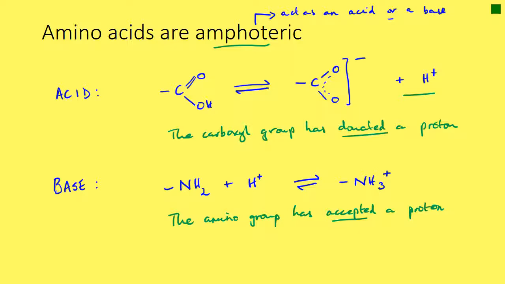The carboxyl group allows it to act as an acid. So let's draw the carboxyl group. So that can dissociate, that carboxyl group can dissociate, and it's not a one-way reaction, so we use the equilibrium sign.